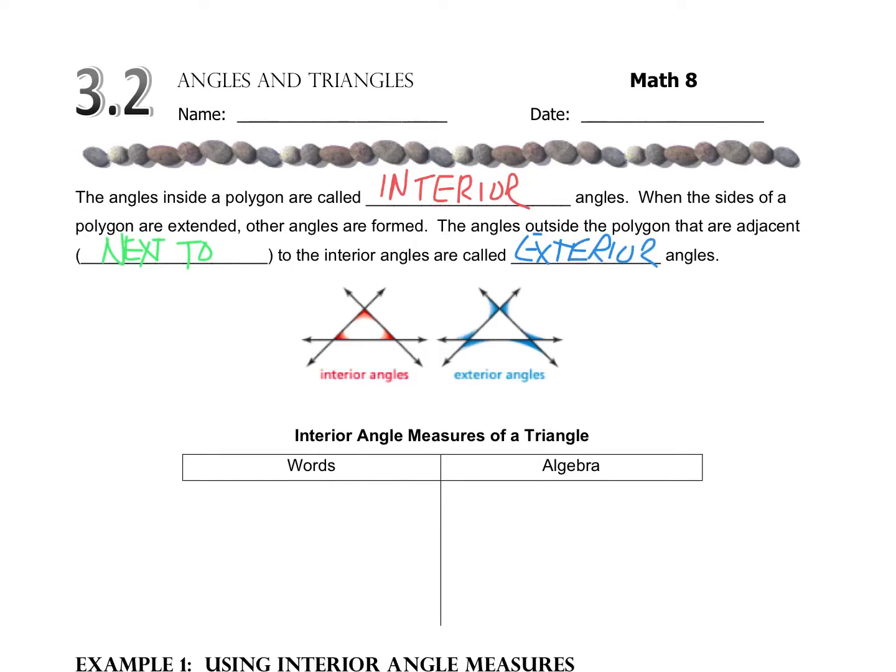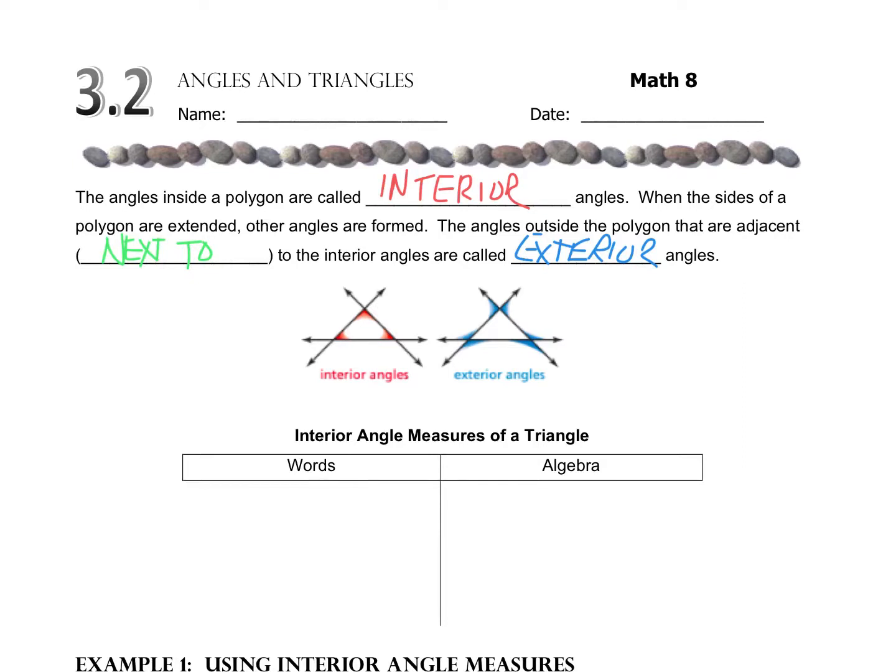So what you can see from the pictures here, we have a triangle. Now you see these lines are extended, but it's partly for this diagram. The interior angles are the ones on the inside. We also have these other angles, which are not inside the triangle, they're on the outside. These are the exterior angles.